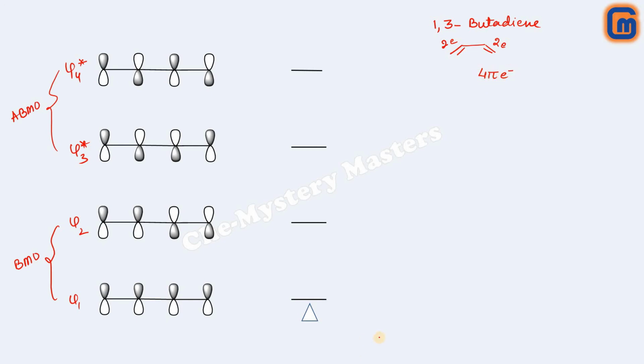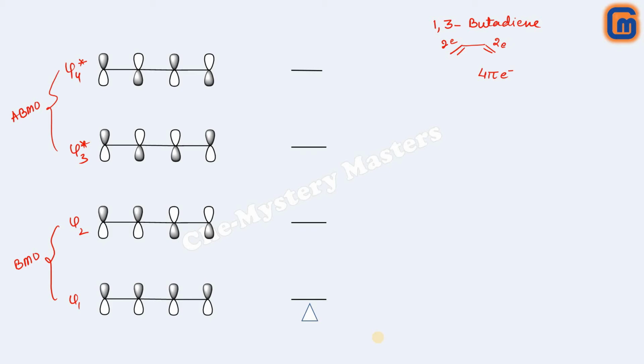These 4 pi electrons will be filled according to Hund's and Pauli's rule, which we have already discussed in the case of ethene also: the electrons start to fill from the lower energy level. Once the lower energy level is completely filled, then the electrons go to the higher energy level, and a single orbital contains a maximum of 2 electrons.